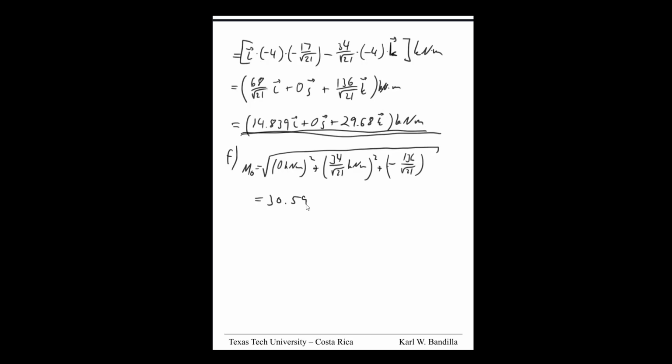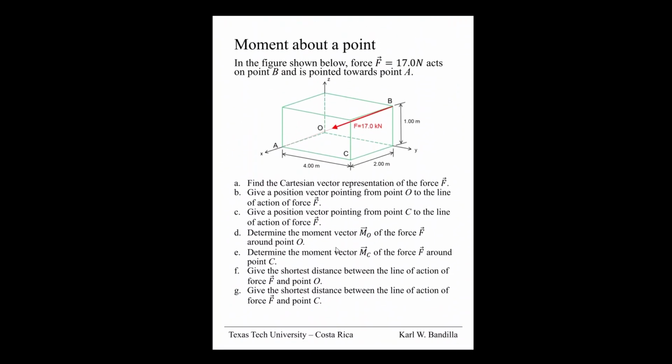And that gives me 30.591 kilonewton meters. I'm sorry, we're not done yet. That's the magnitude. So if I want to have D0, then I can just do M0 over F. 30.591 kilonewton meters divided by, well, 17, right?